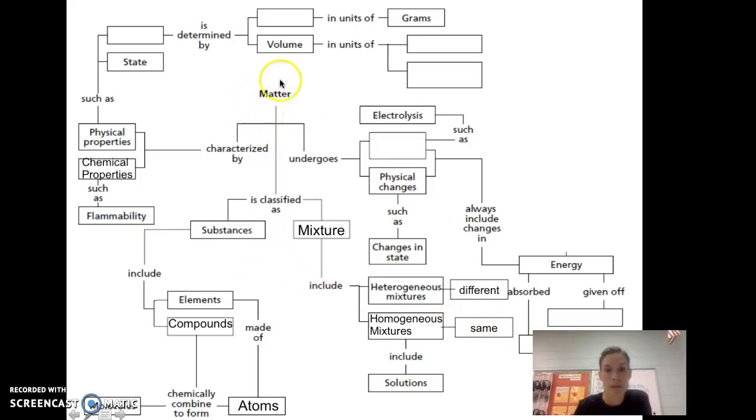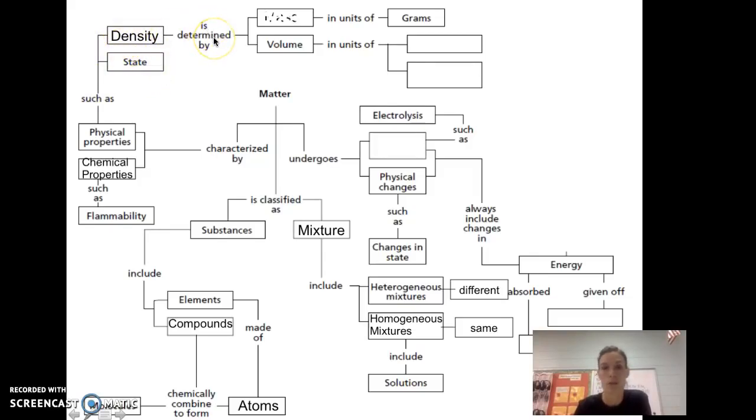All right, so moving back from matter, but going to the left here. Matter is characterized by physical and chemical properties. An example of a chemical property is flammability. Physical properties, some examples are density and state. What I mean by state is states of matter, so solid, liquid, or gas.